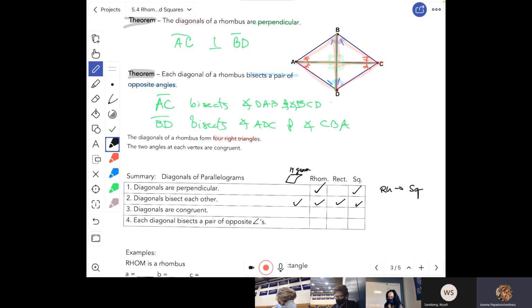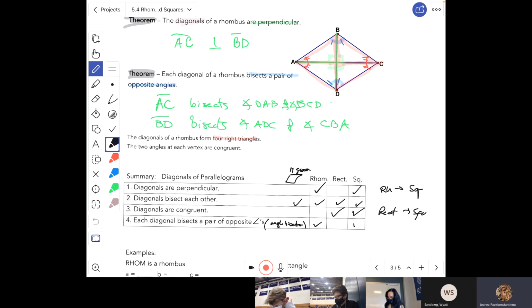What about the diagonals are congruent? Diagonals are congruent. Rectangle. And square, because remember the rectangle passes down its properties to the square. And what about each diagonal bisects a pair of opposite angles? So angle bisector. It is an angle bisector.